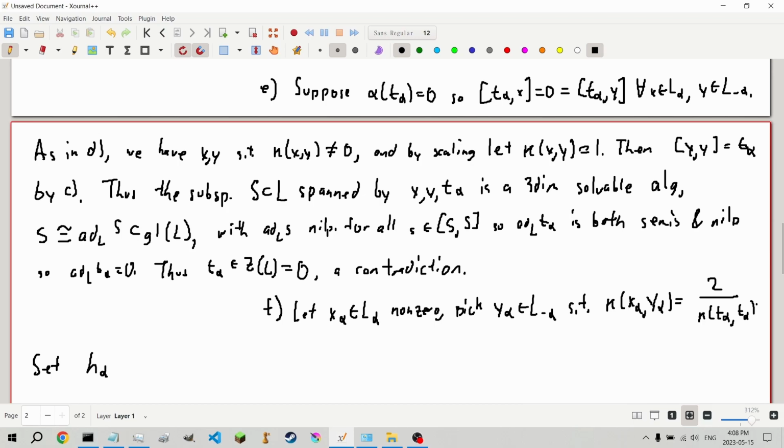Set H alpha to be equal to 2 T alpha over the killing form of T alpha with itself. Then we have that the bracket of X alpha and Y alpha is H alpha by C.